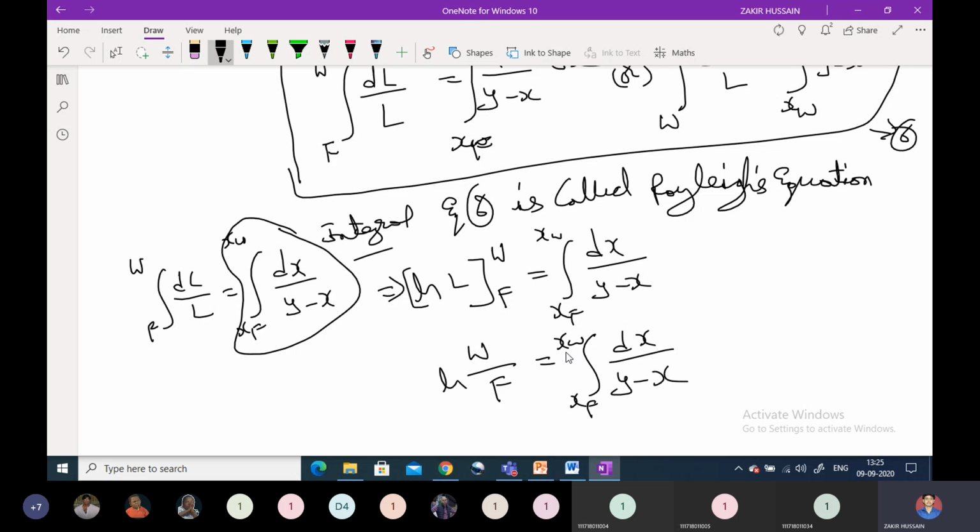Now, the quantities here are W, F, xF, xW. If we know any three of the quantities, we can automatically evaluate the fourth unknown quantity with this equation.